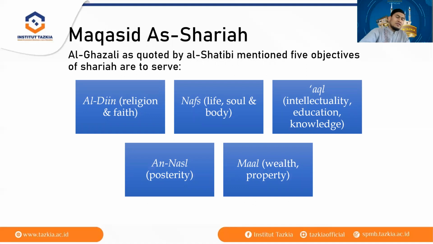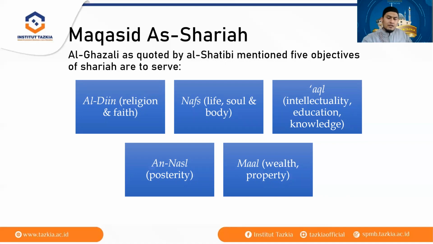First, ad-din, the preservation of din, religion and faith. Secondly, nafs, life, soul and body. Hifdul din, hifdul nafs. The third, hifdul aql, intellect, education and knowledge. Afterward, nasl, posterity, and mal, the preservation of wealth and property.